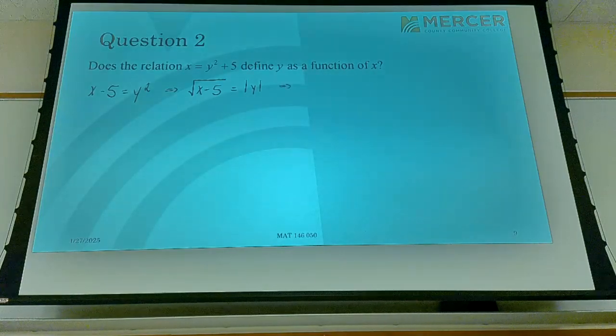That means that y is either negative square root of x minus 5 or y is positive square root of x minus 5, which means each x value gives you 2 y values. So that's not a function.